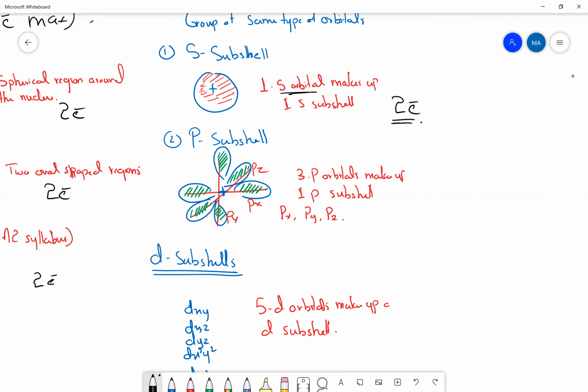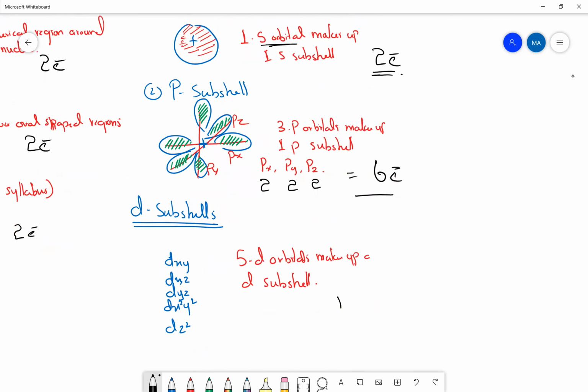So how many electrons will there be in one p subshell? 6 electrons, 2 for px, 2 for py, and 2 for pz. Total of 6 electrons in a p subshell. And for a d subshell, there will be 10 electrons because 2 in each. So this is how the electrons are found in these subshells.